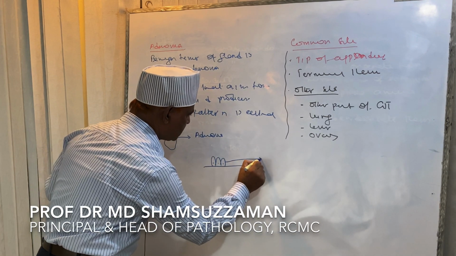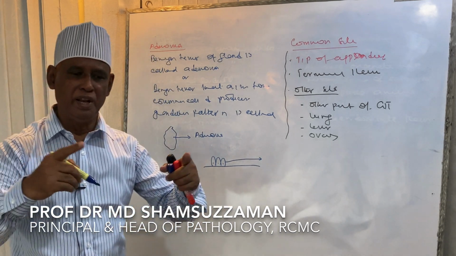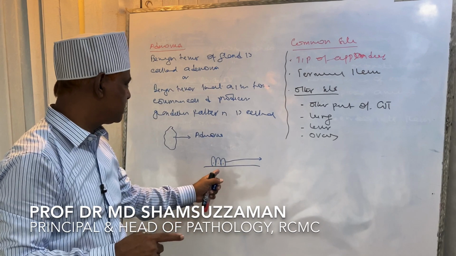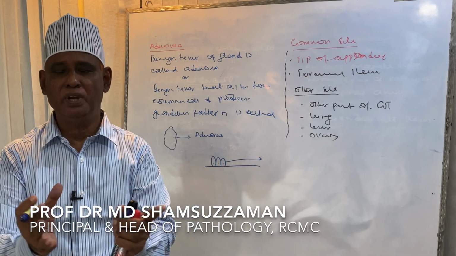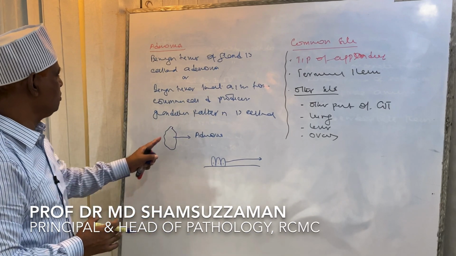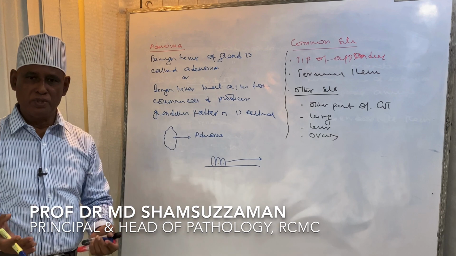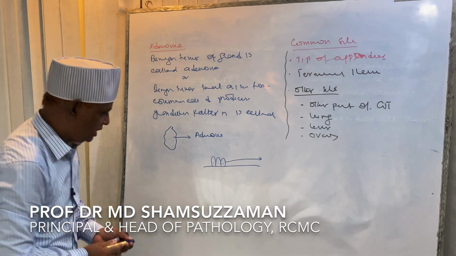If from the columnar cells a benign tumor arises, and within the benign tumor there is production of glandular pattern, then it is called adenoma. So, a benign tumor of gland, or a benign tumor of columnar cell that produces glandular pattern, is called adenoma.